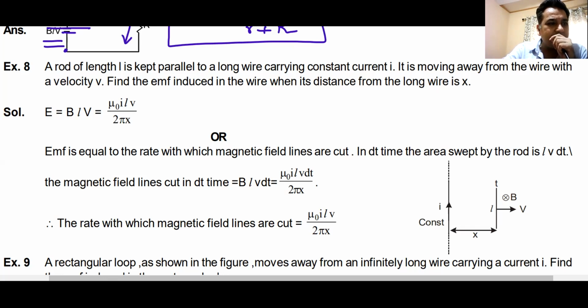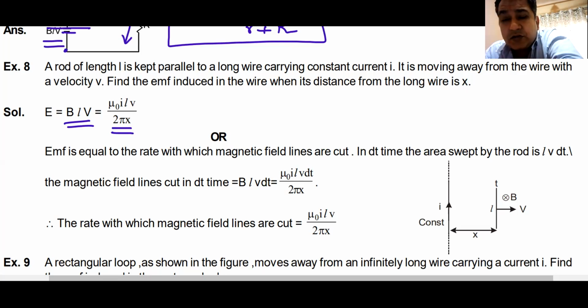Wherever you see anything moving, it is a simple case of motional EMF, and that is the answer here. The EMF will be V into B into L. L is the length, V is velocity. Magnetic field at a distance x from an infinite wire will be mu naught I by 2 pi x.